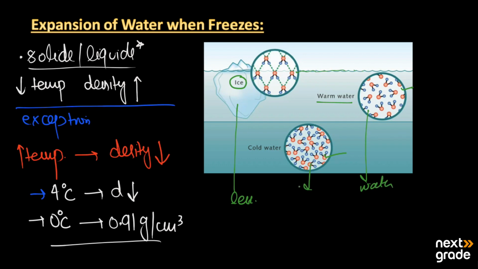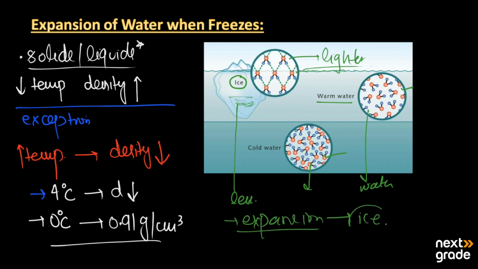So the ice is basically lighter and therefore it floats on the surface of the water. So this is the expansion of the water molecules when it transforms into ice. This is the first unique property of the water molecule.